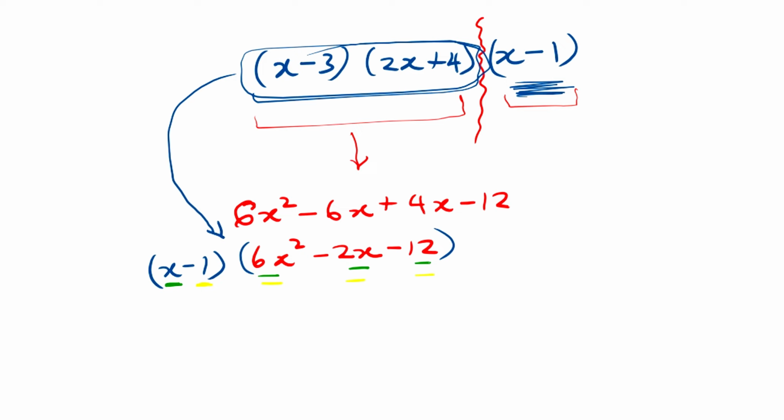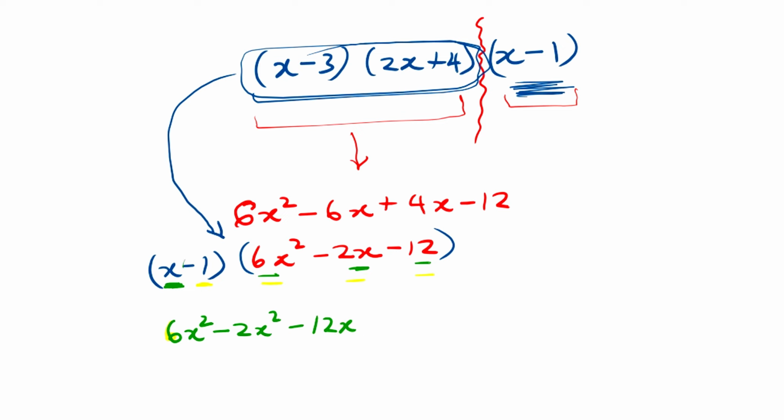So let's start first with the s. 6, sorry, let me use a more visible color. So 6s cube, we are talking about this and that, minus 2s squared, we're talking of this and that, minus 12s.